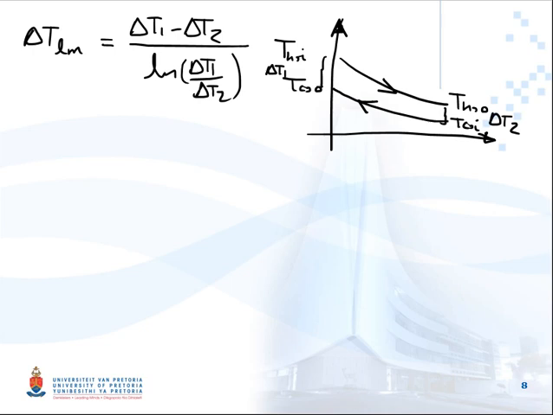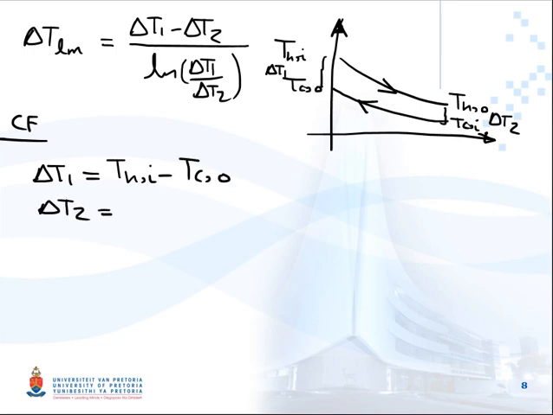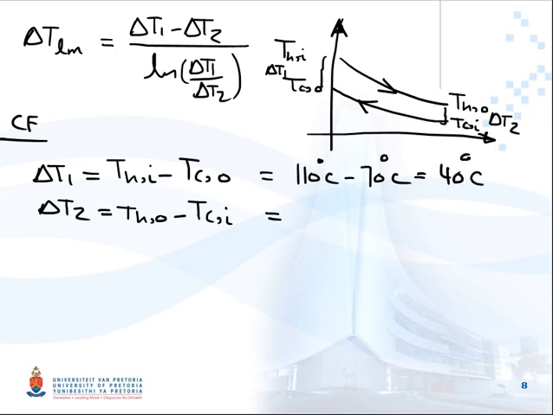So basically, delta T1 is equal to, but it's for counterflow configuration, T hot in minus T cold out, and delta T2 is equal to T hot out minus T cold in. Let's just substitute the values: minus 70, which gives us 40, and 90 degrees minus 10, which gives us 80.